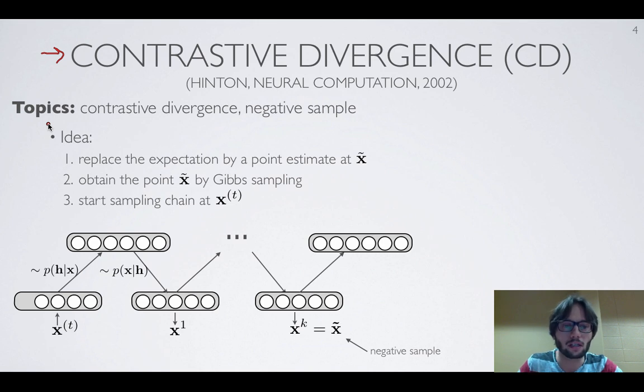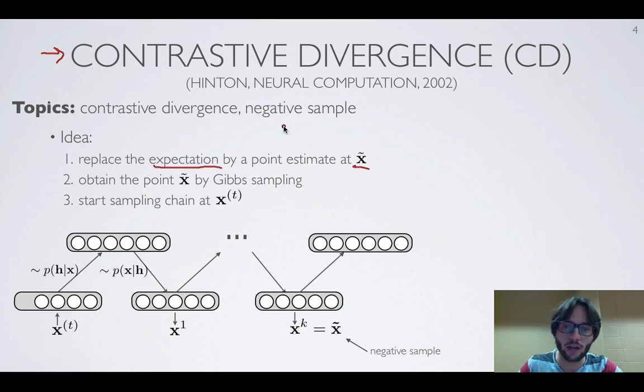So really the idea is to try to do without this double expectation and instead estimate it. There are three main components to contrastive divergence. The first idea is that the expectation over x and h in the negative phase, we will replace by a point estimate at a single observation x tilde.